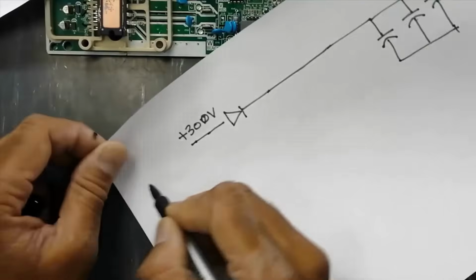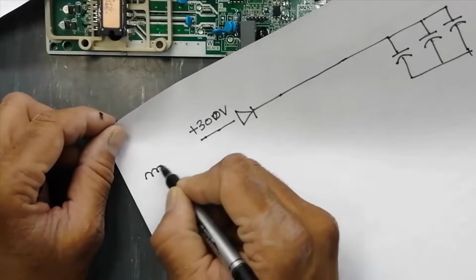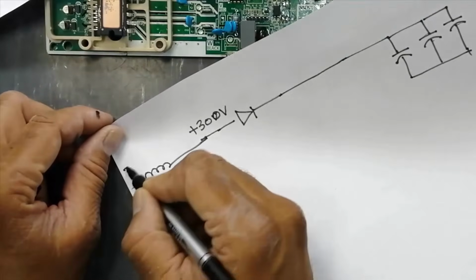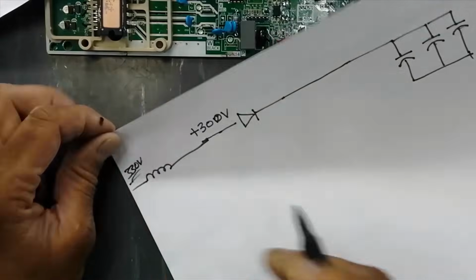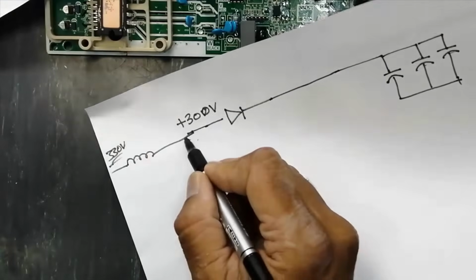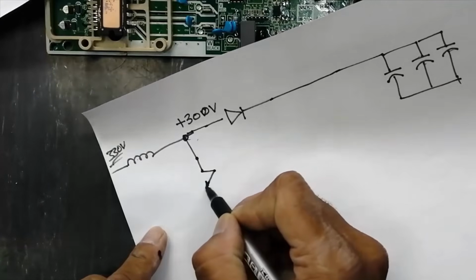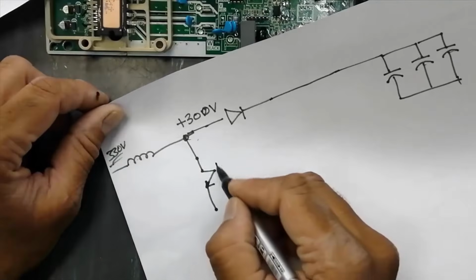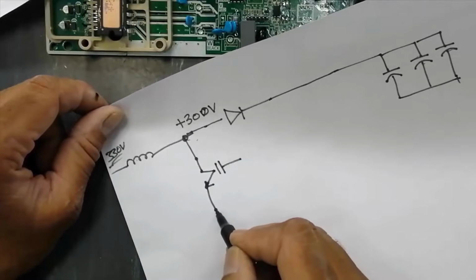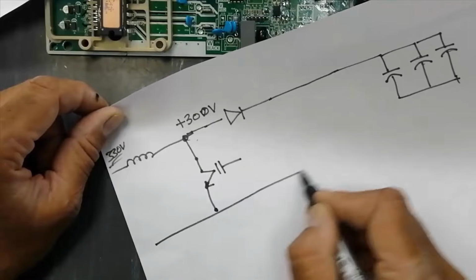And here we have one reactor, 330 volt here, and here we said at this point we have a rectifier, sorry, IGBT.